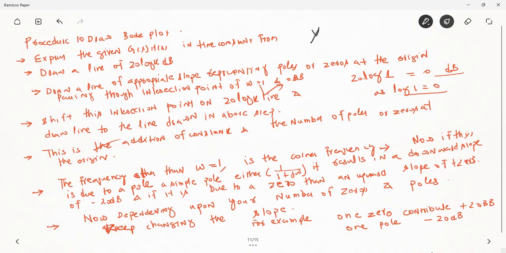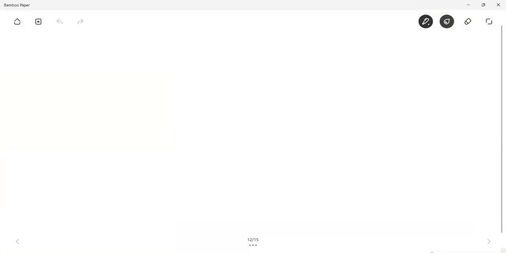You calculate it by the intercept, y equals mx plus c. mx you get from 20 log k, but you also have to take the contribution due to the low frequency region. How we get this low frequency region, I'll be showing you. Primarily you have to first decide these things, and everything I have written and explained very well.